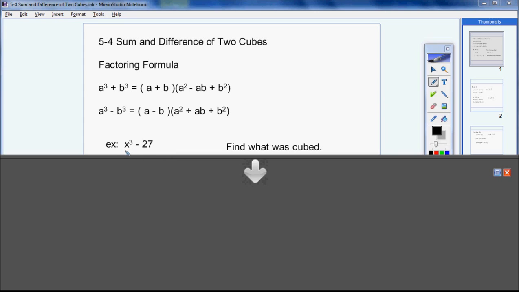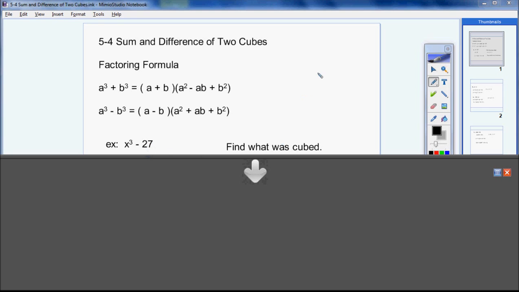So first thing you need to do is find out, do I have a difference of 2 cubes, or do I have a sum of 2 cubes? This is x cubed. That's easy. X was cubed. 27, you need to think it through a little bit and figure out what times itself gives you that perfect number.